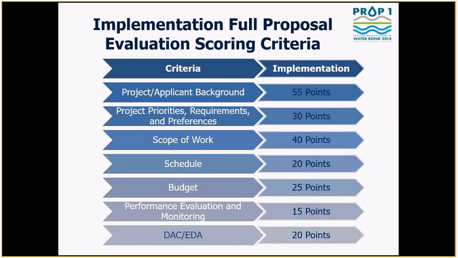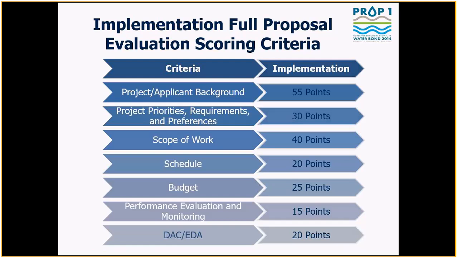So I'll briefly go over the point values for each criteria for the implementation projects. So for the project applicant background, that's worth 55 points. Project priorities, requirements, and preferences are worth 30. The scope of work is worth 40 points. Schedule is worth 20. The budget is worth 25, and performance evaluation and monitoring is worth 15.